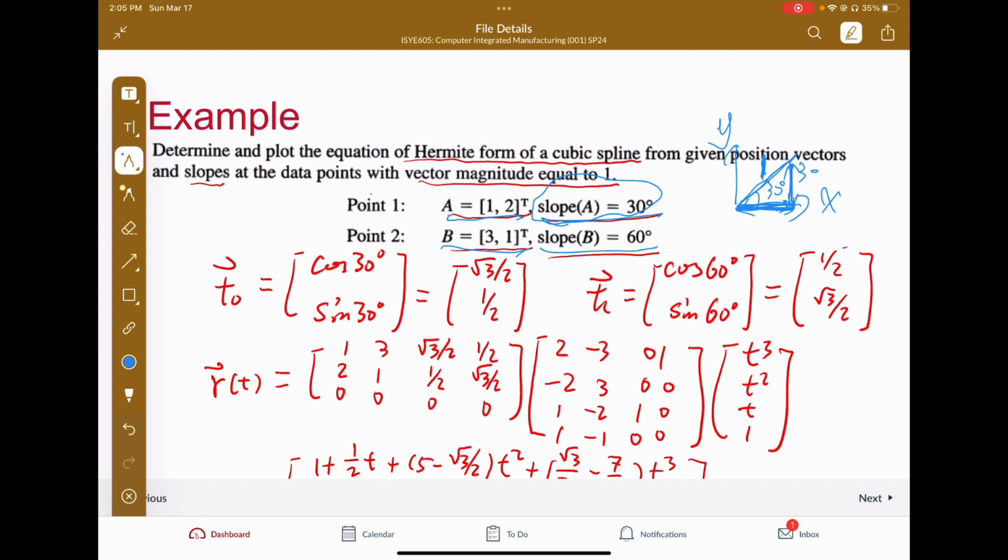The vector has a magnitude equal to 1. So this is 1, and this is x, and this is y. So x equals 1 times cosine 30, right? So this is the x, and the y is 1 times sine 30.